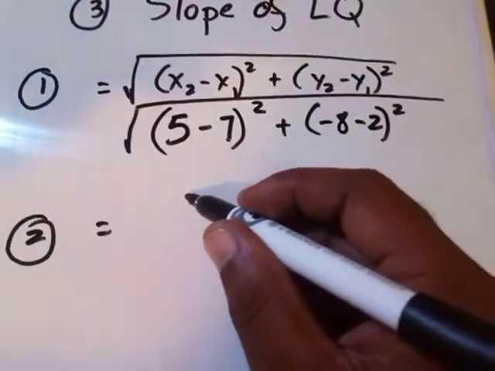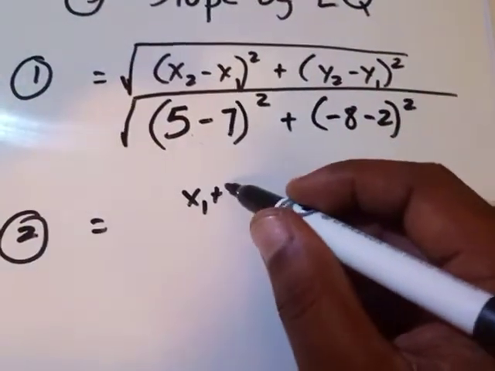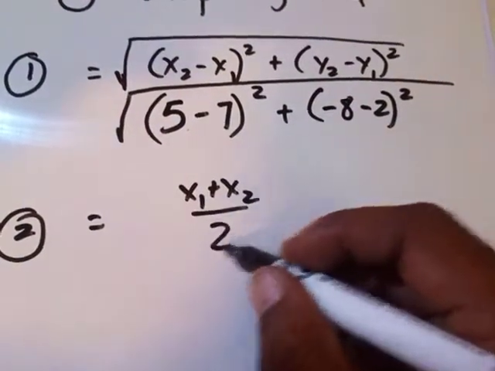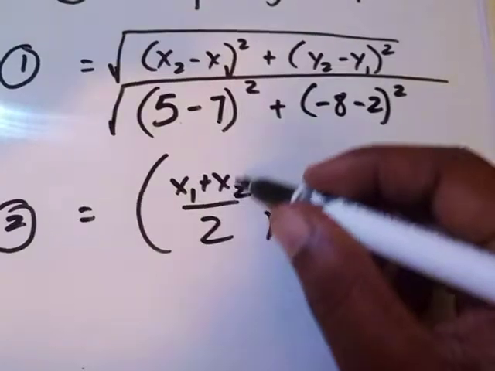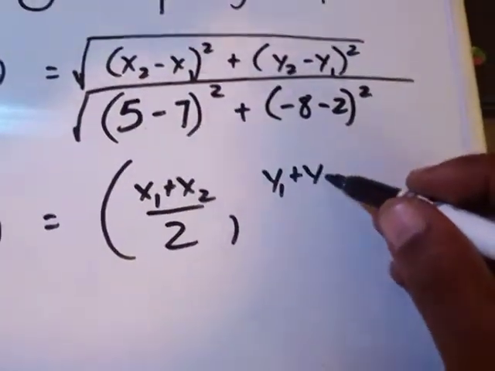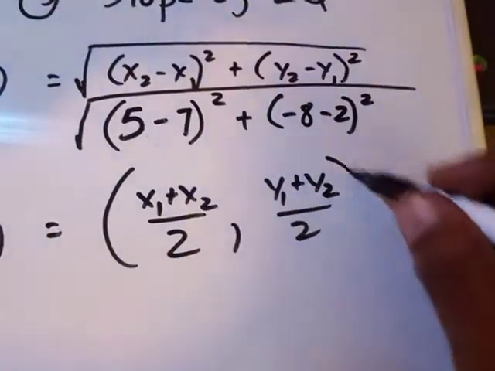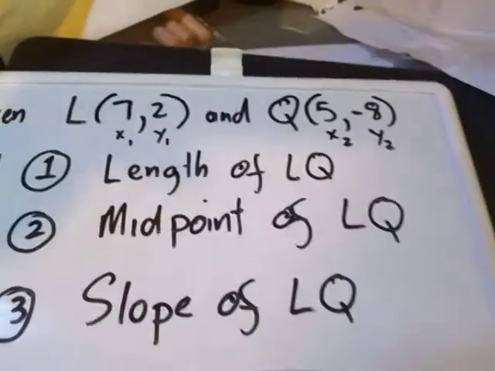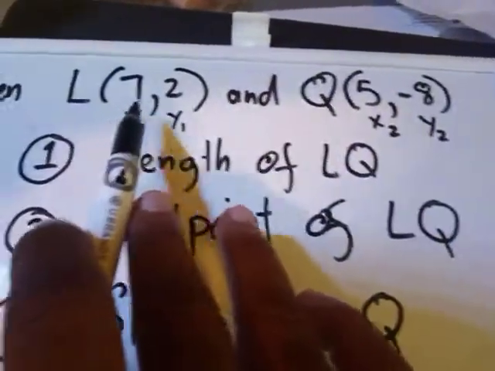The midpoint calculation is x1 plus x2 divided by 2, comma, because it's an x value, and then a y value, y1 plus y2 divided by 2. Where do we go? We go back to the initial labeling to find out what x1 and x2 are. That's 7 and 5.